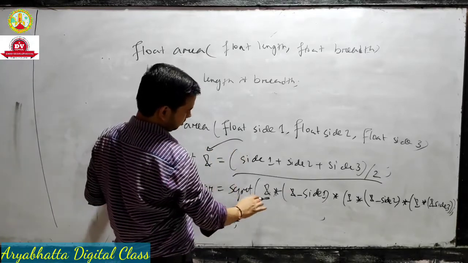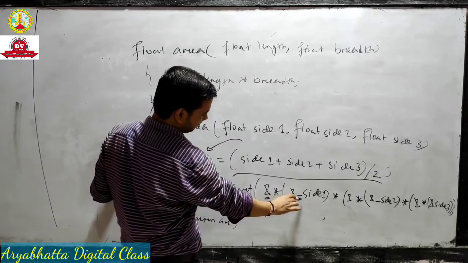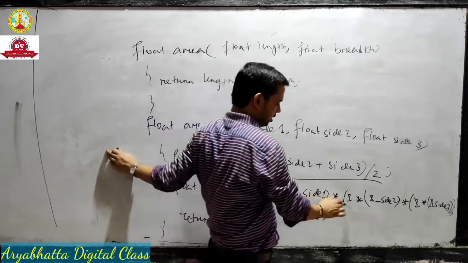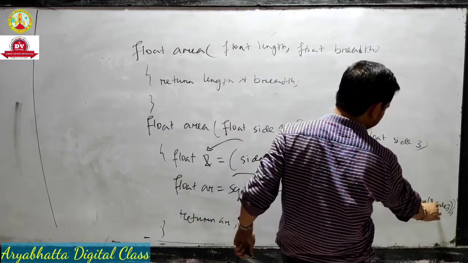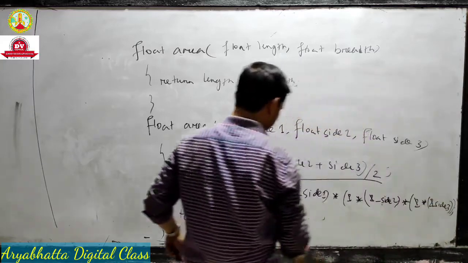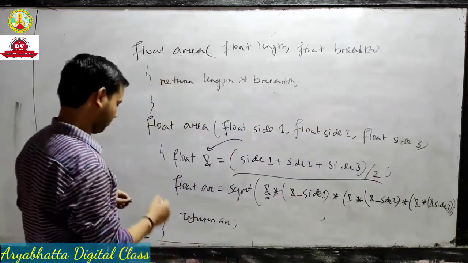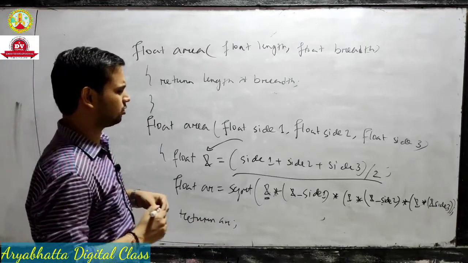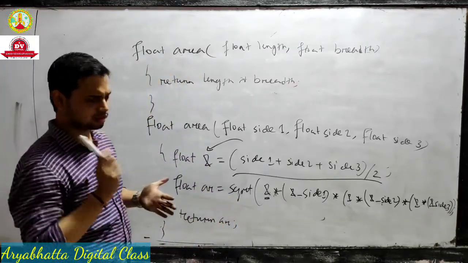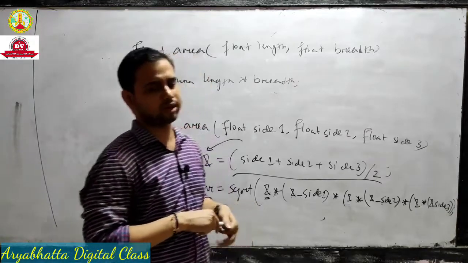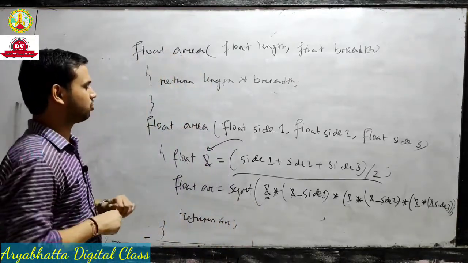Then ampersand into ampersand minus side 1 into ampersand minus side 2 into ampersand minus side 3. Okay, and return AR. Thus you simply understood that one function name with different operations is differentiated by their arguments.